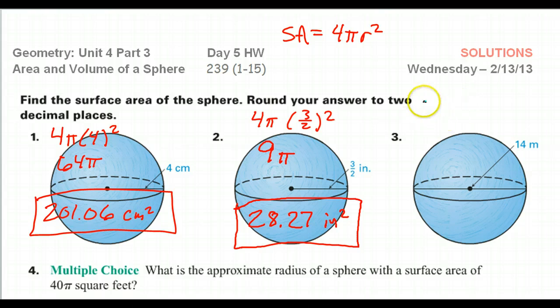Number 3, 4 pi. Whoa, be careful. This 14 is not the radius. This is the diameter, so of course that means that the radius is 7 meters. So I will do 4 pi times 7 squared.